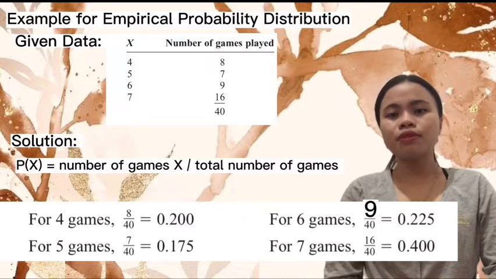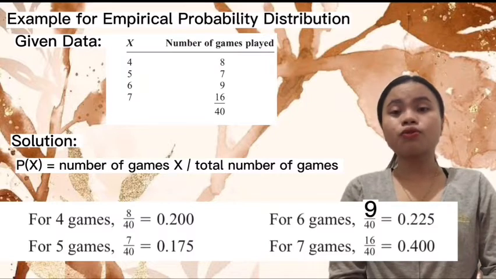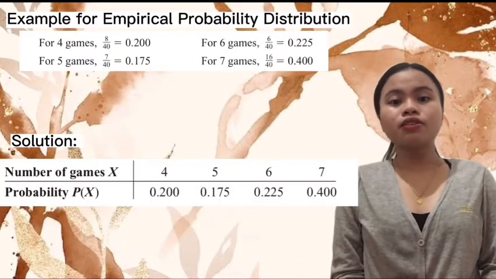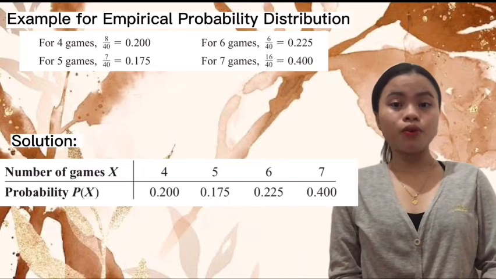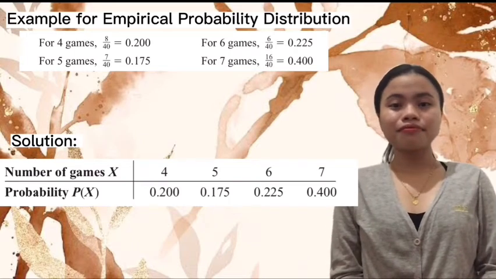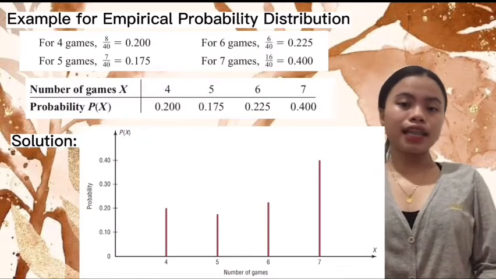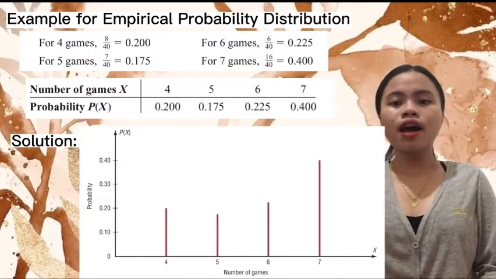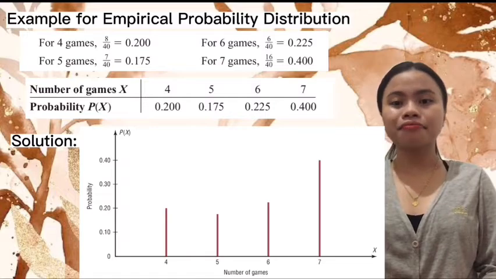And for 7 games, it will be 16/40, which equals 2/5 or 0.4. The probability distribution in table form is shown at my side. The graph will look like this. The x-axis represents the number of games and the y-axis will be the probability.